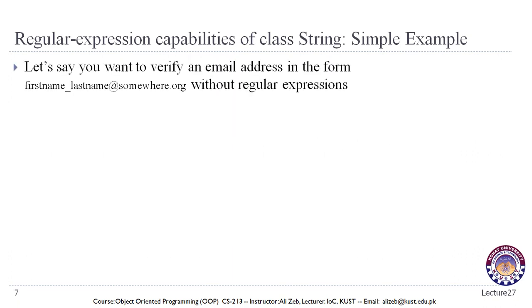Let's say for example you want to verify an email address in the form first name underscore last name @ somewhere.org without regular expressions. Now we have dedicated classes for using regular expressions, but we will try to use regular expressions that are provided by the String class.